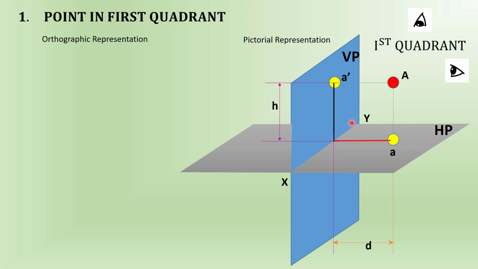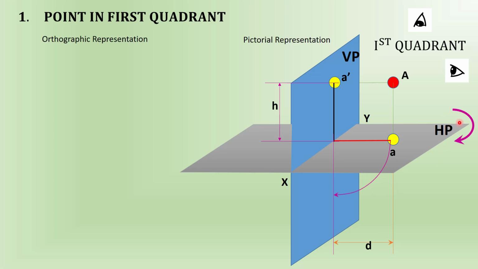Now, in order to get this in 2D, that is orthographic representation, we need to rotate the horizontal plane in the clockwise direction. Always, after obtaining the image on the horizontal plane as well as on the vertical plane, we will rotate the horizontal plane in the clockwise direction through an angle of 90 degrees.